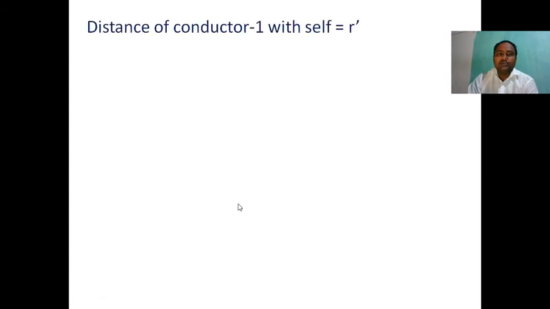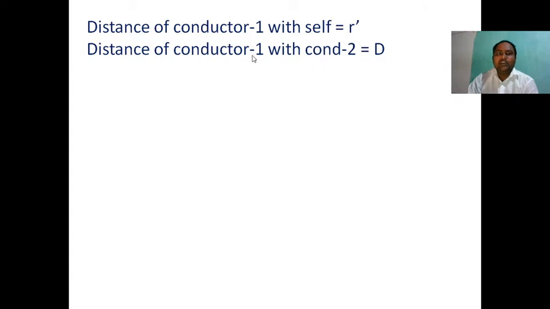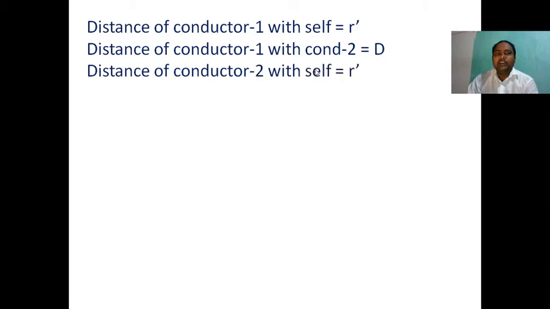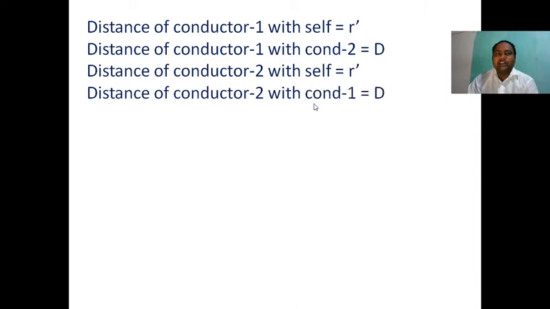First, the distance of conductor 1 with itself is R dash. The distance of conductor 1 with conductor 2 is D. The distance of conductor 2 with itself is R dash, and the distance of conductor 2 with conductor 1 is D. Here there are four combinations.